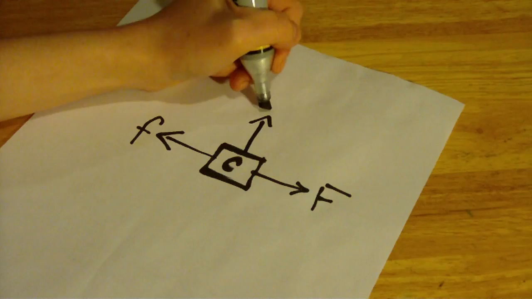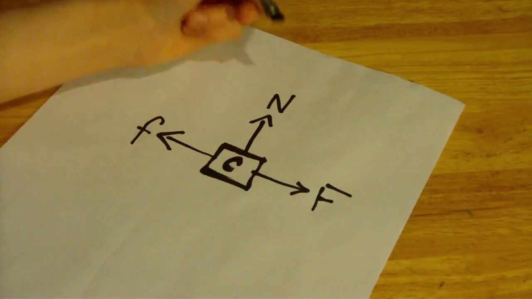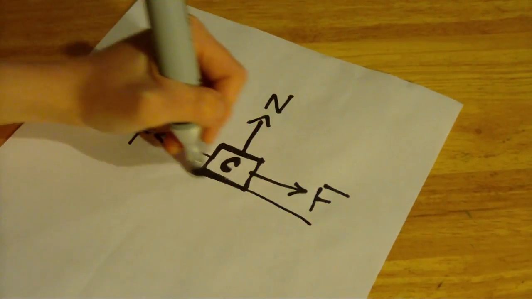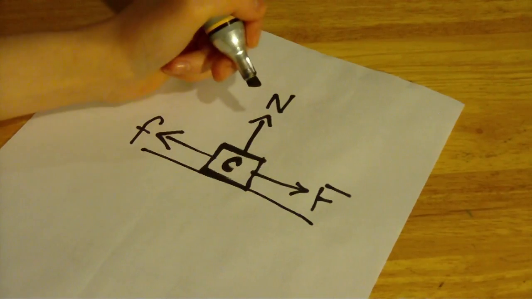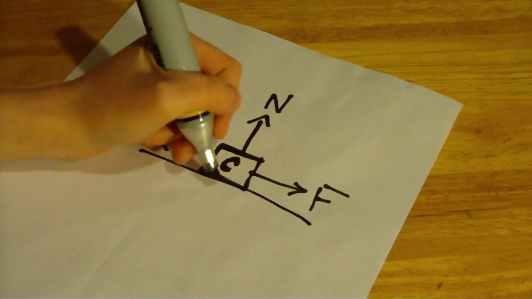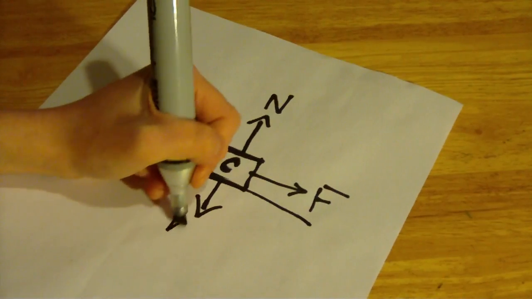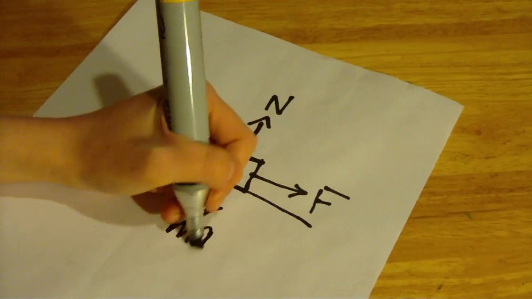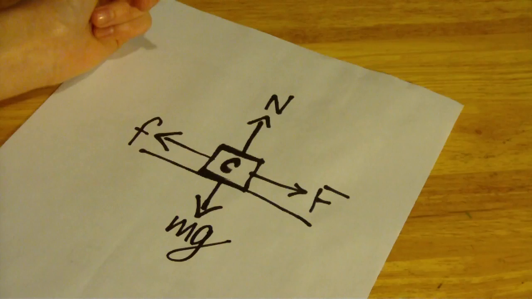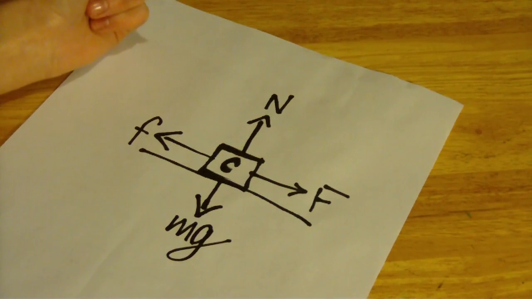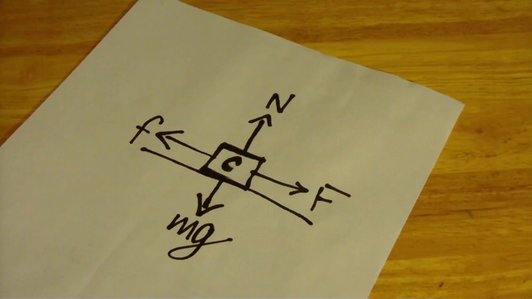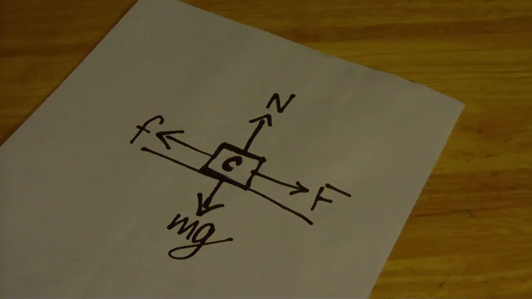The force acting upward is the normal force, or the force of the surface on which the object is resting. The force acting downward is the weight force, or the mass times the gravity, which is 9.8. That's the force of gravity on an object.